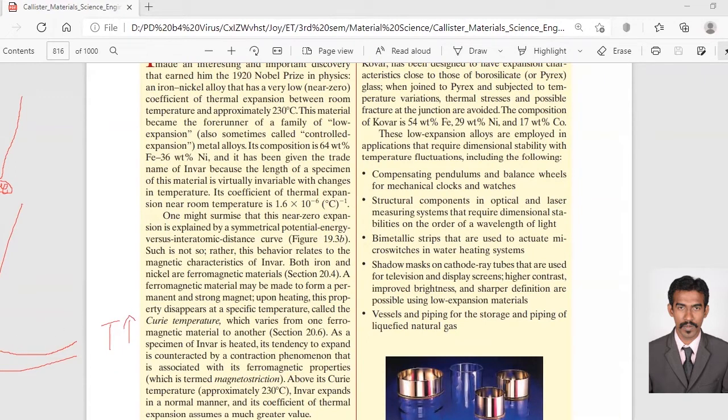When this swaying time increases, it will not show the correct time. It may lag in milliseconds, microseconds, and that accumulates into seconds and then minutes. That's the problem with pendulums and balance wheels in mechanical clocks and watches. These have small wheels or gear setups inside.